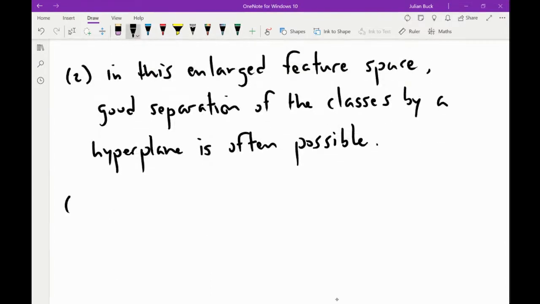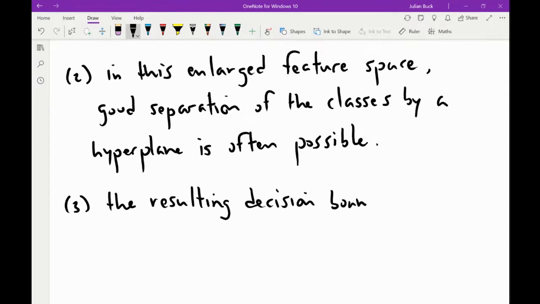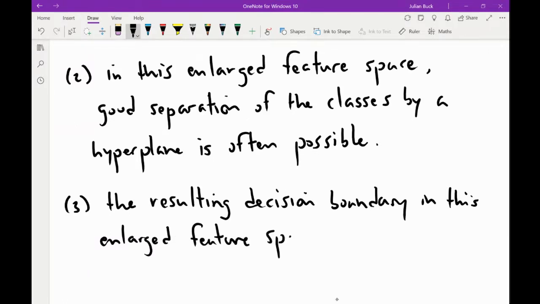So if we've done good separation by a hyperplane, the resulting decision boundary in this enlarged feature space is linear, since it's coming from a hyperplane.